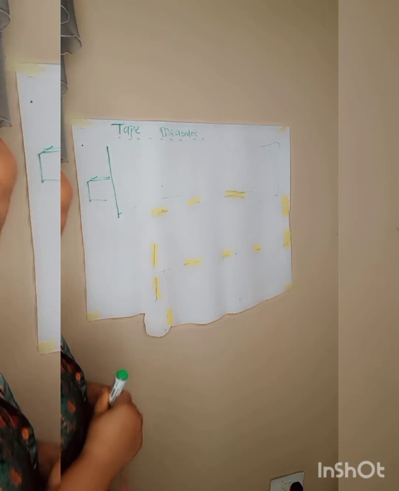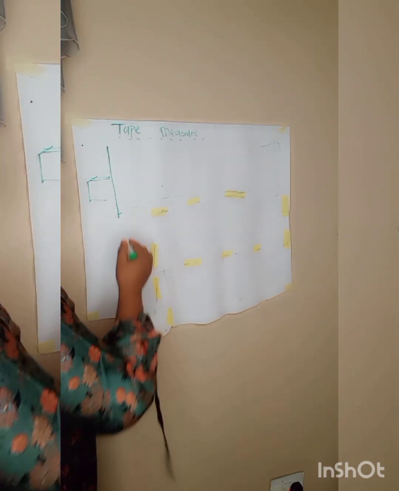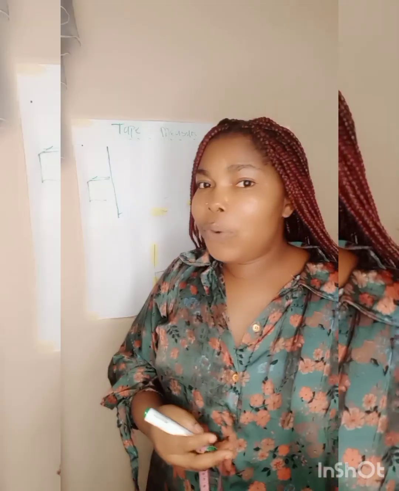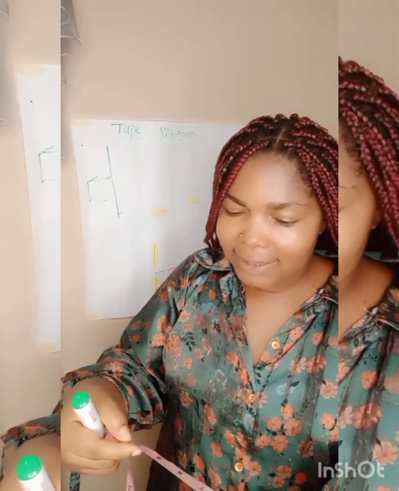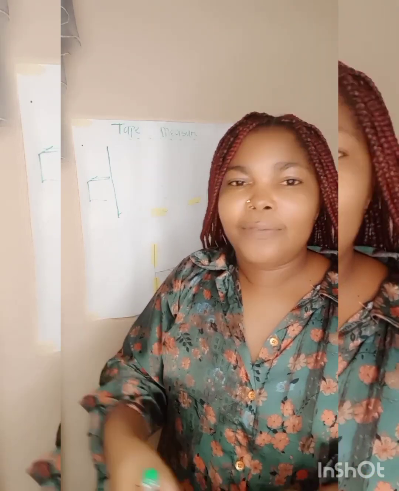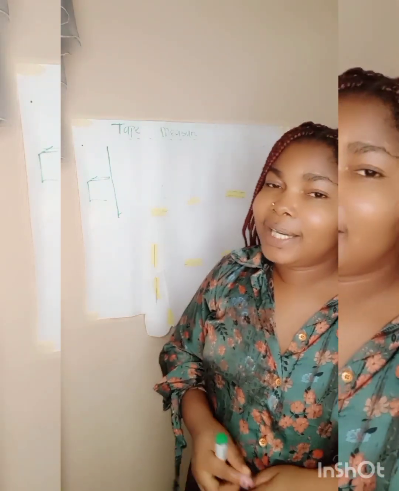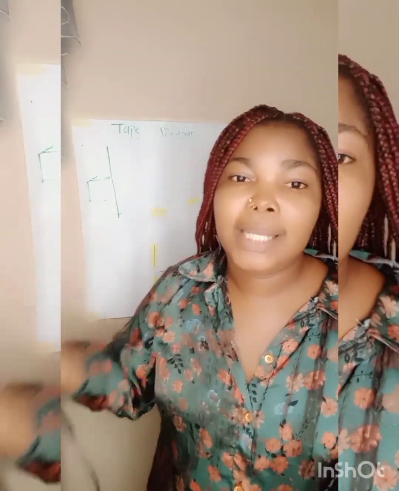So now you have bold lines. Basically, you have 4 significant bold lines, 1, 2, 3, yes, 4 significant bold lines before you enter into another inch.